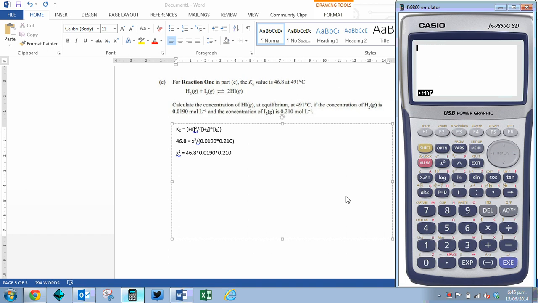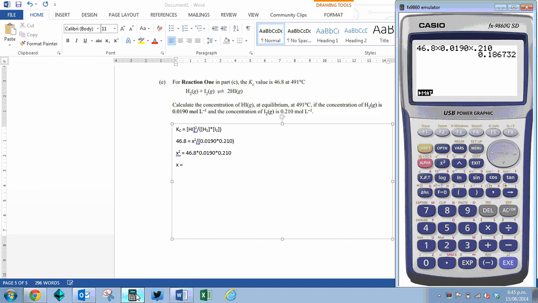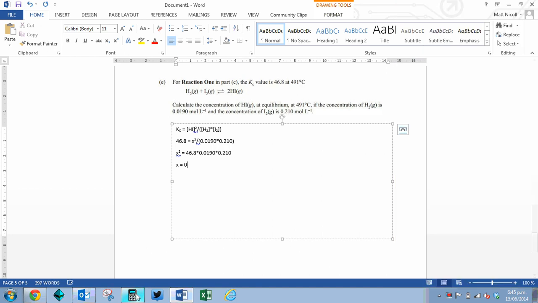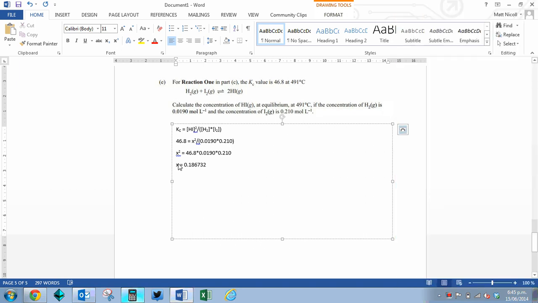And luckily I've got my calculator set up here, so 46.8 times 0.0190 times 0.210 equals 0.186732. Just double check I transposed that correctly. Yep. So, sorry, that's x squared.